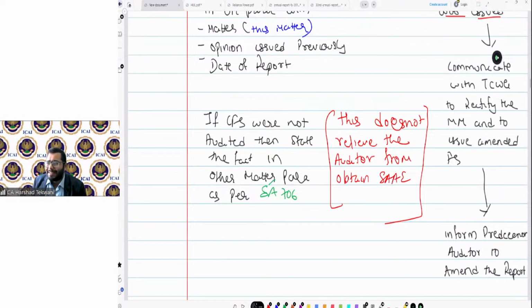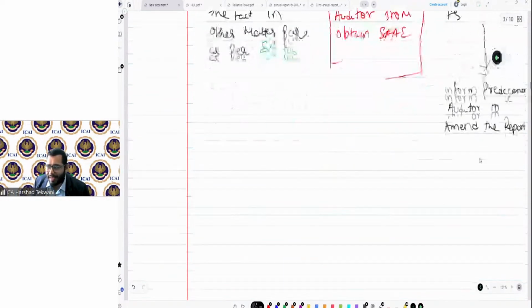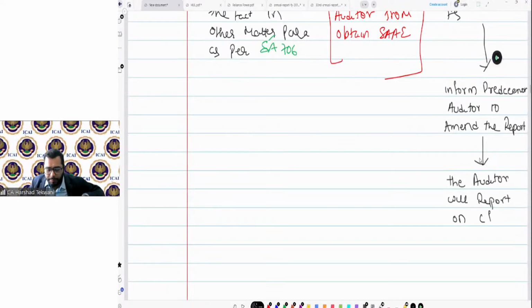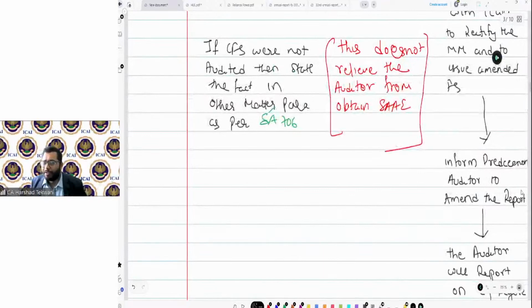Okay, and if the financial statement are amended, and the predecessor auditor agrees to issue a new audit report on the amended financial statement, then I will report only current period numbers. If that is the case here, then the auditor will report on current year figures, not on my previous year or comparative financial statement, because I have a new opinion as of now, which is on the same lines.